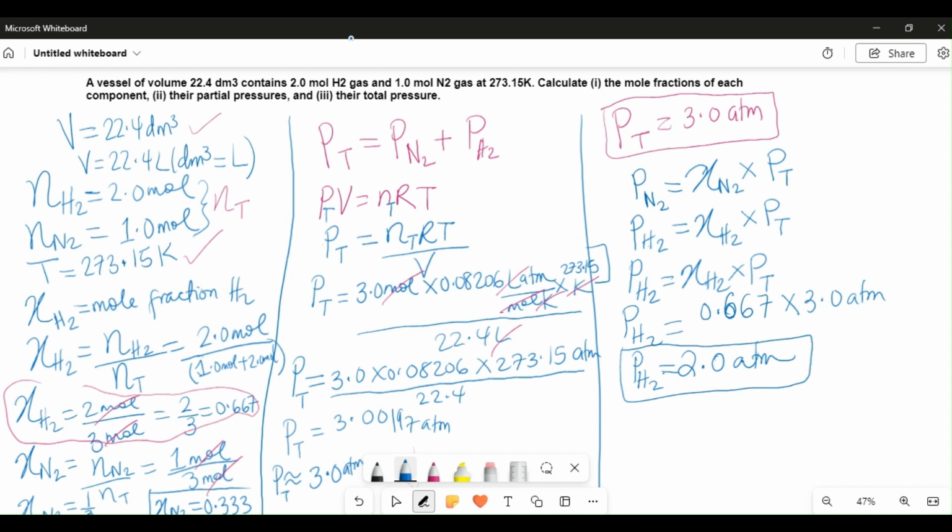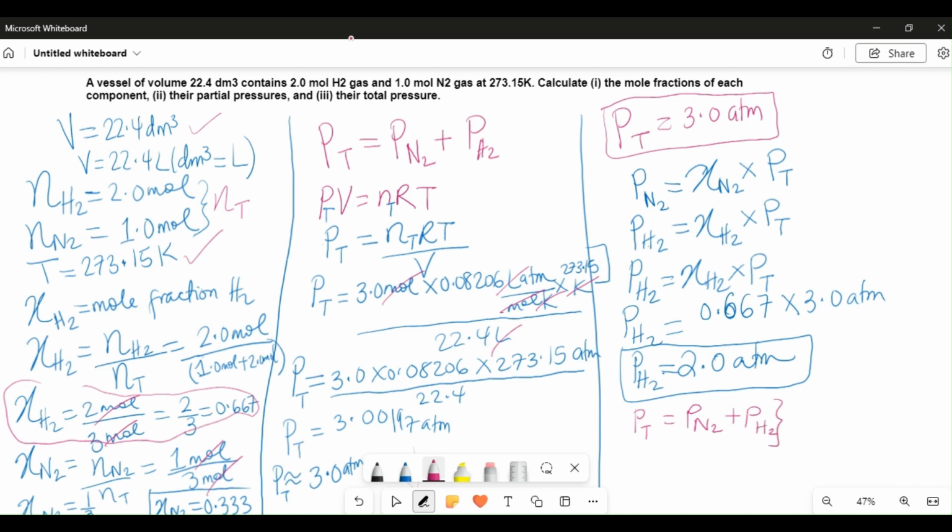The second one is just simply remembering that the total pressure, remember this formula here? Total pressure equals the sum of each individual pressure component. So P_N2 plus P_H2.